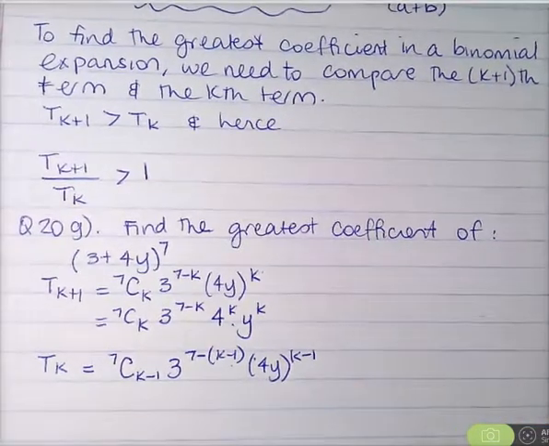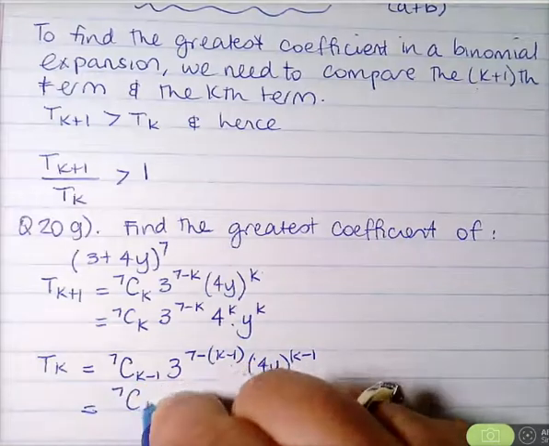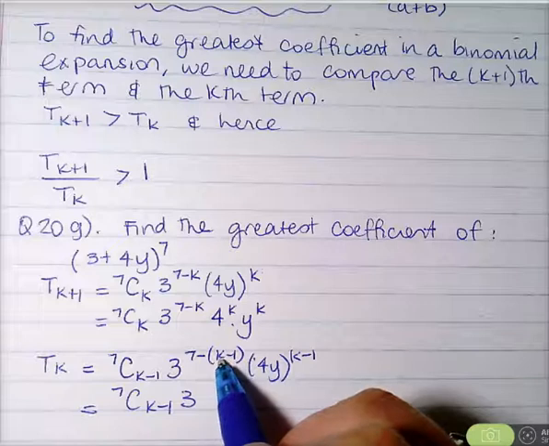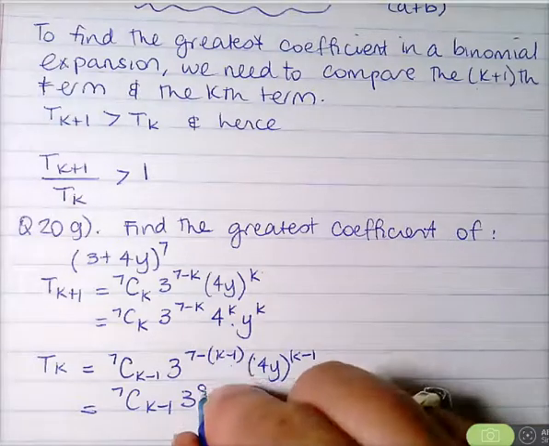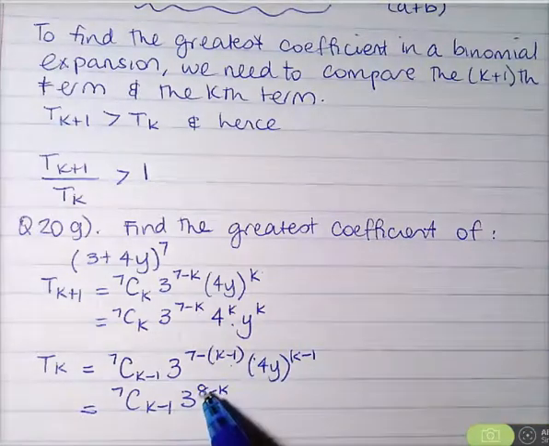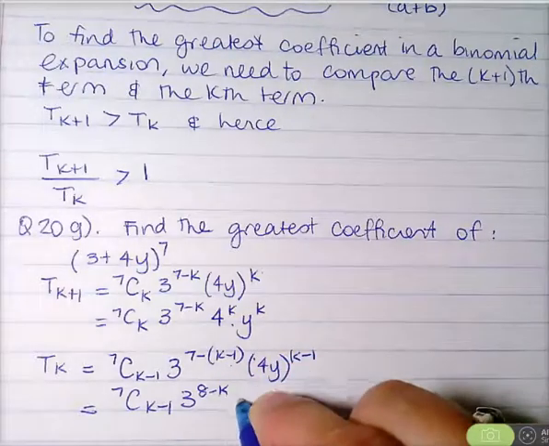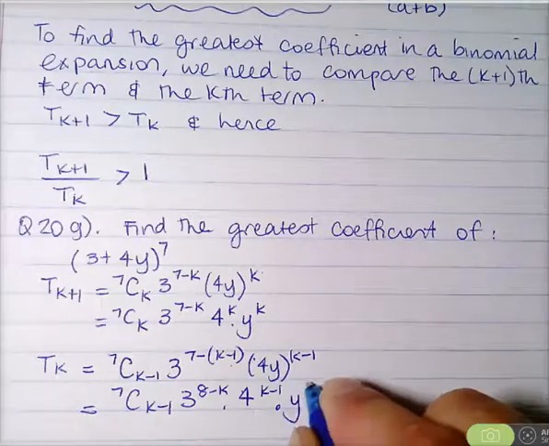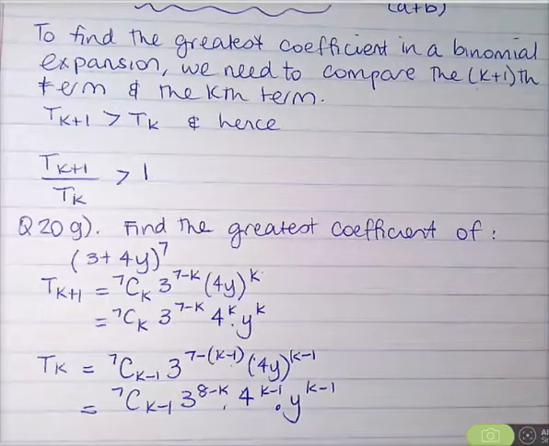Splitting this up, we've got 7C(k minus 1). Now 3 to the power of 7 minus k plus 1 will be 8 minus k, so 3 to the power of 8 minus k. Then breaking this up, we've got times 4 to the power of k minus 1 times y to the power of k minus 1. So that's the kth term.